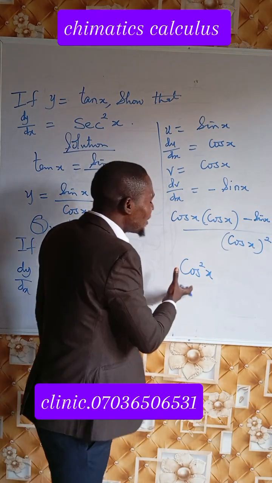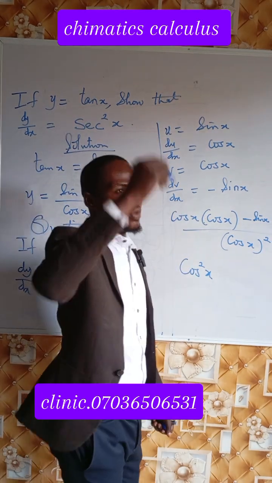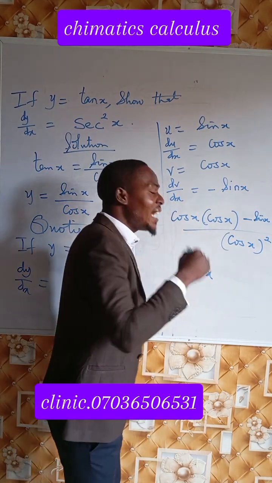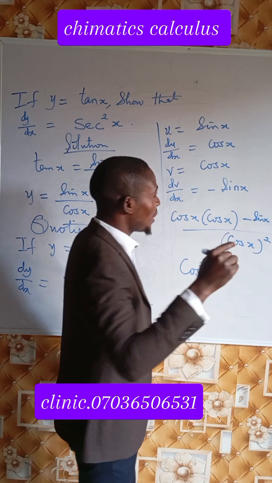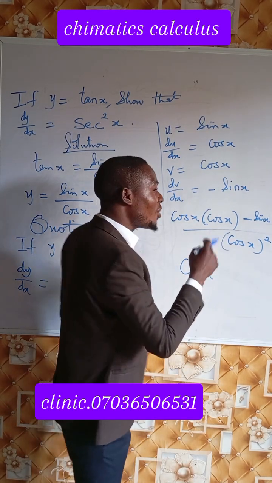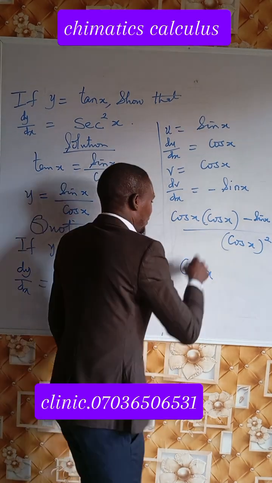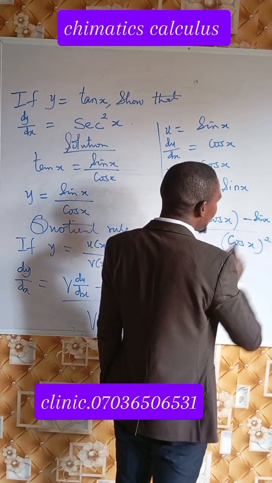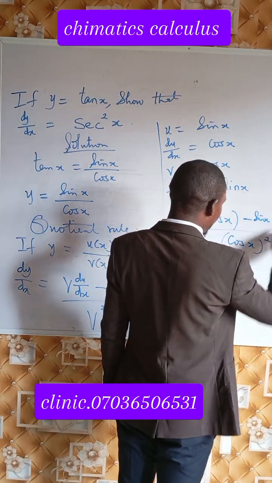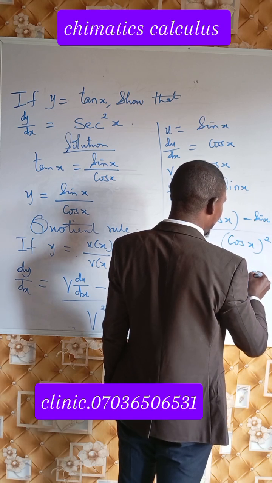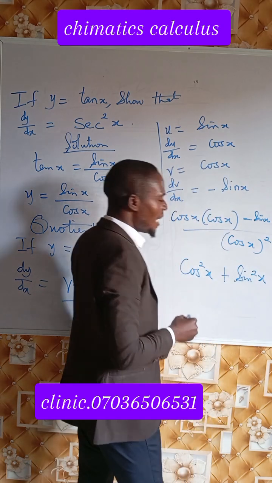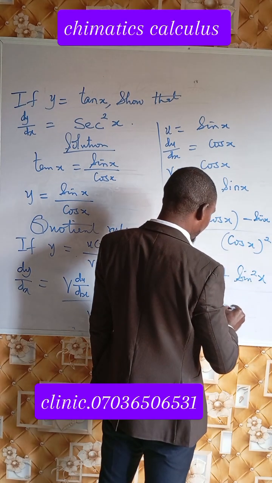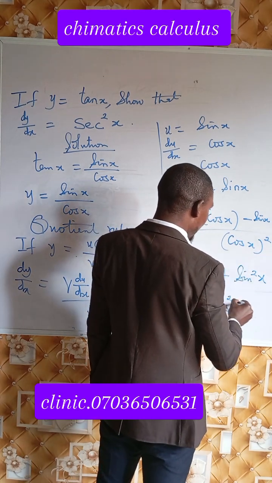Ordinarily, y times y is y squared, and x times x is x squared, but cos x times cos x is cos square x. So here, minus times minus is plus. Sin x times sin x is sin square x, not sin x squared. Everything divided by cos square x. Good.